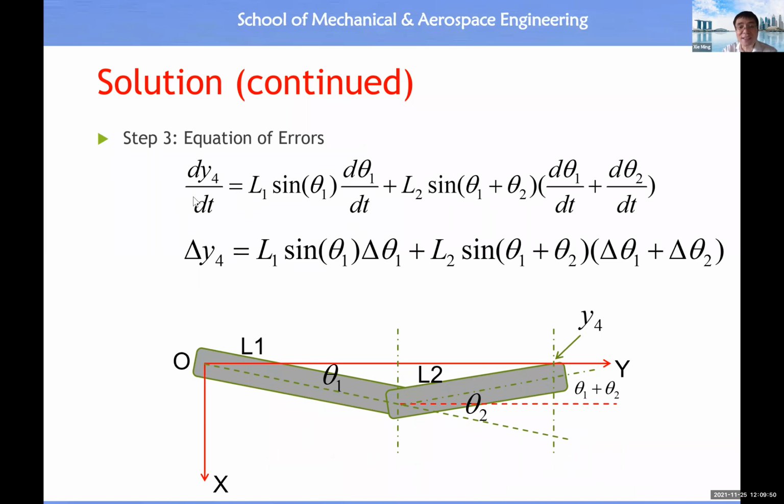Then we have this relationship among the variation of the y coordinate, the variation of θ1, and the variation of θ2. All right. So we have this variation equation.